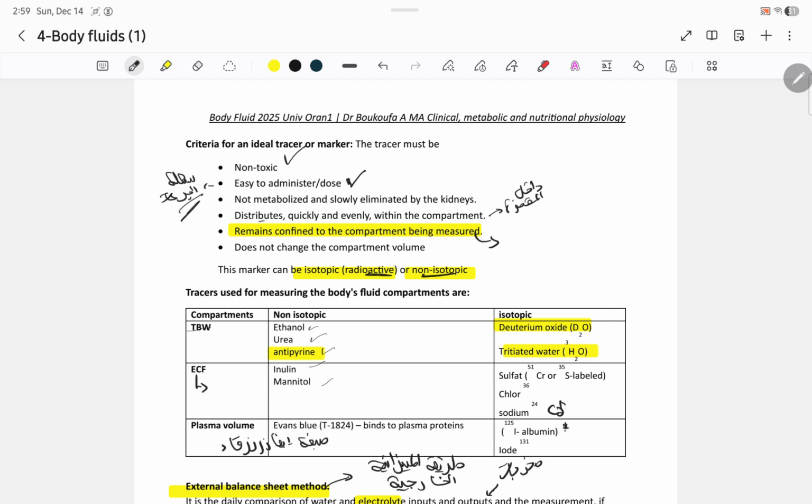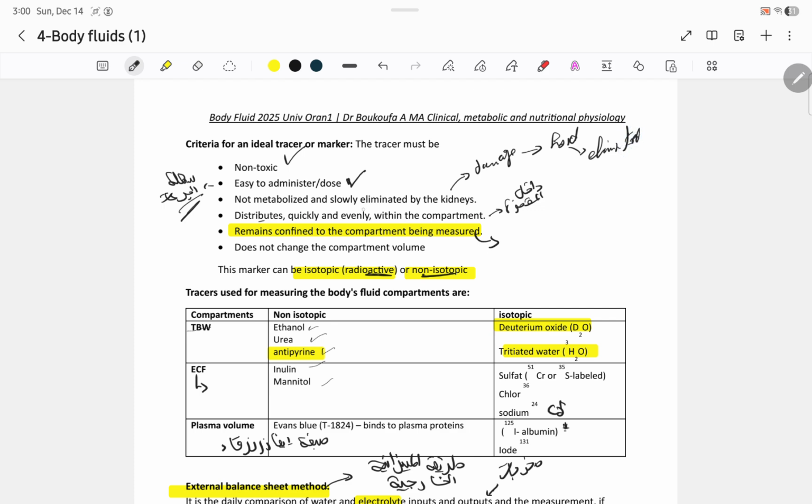The tracer which will enter this compartment is not going to be metabolized or catabolized, and slowly eliminated by the kidney, so it's not going to do some damage to the kidney, or it's going to be hard to eliminate it by the kidneys. So we don't need this, okay?